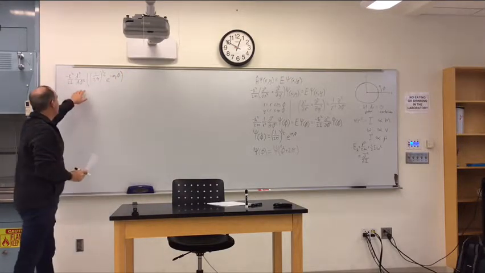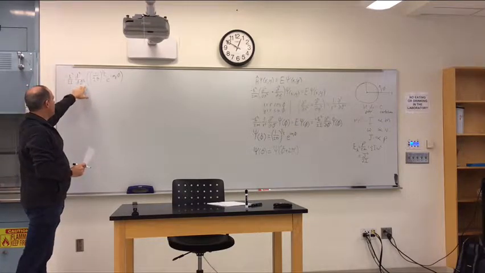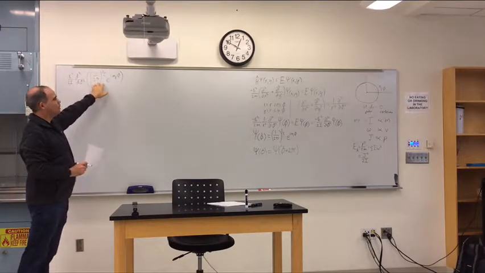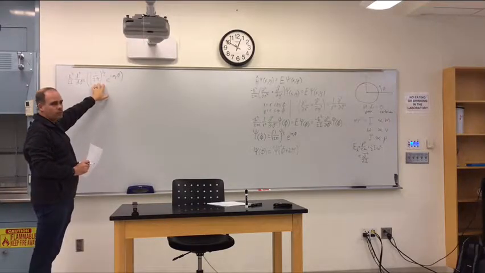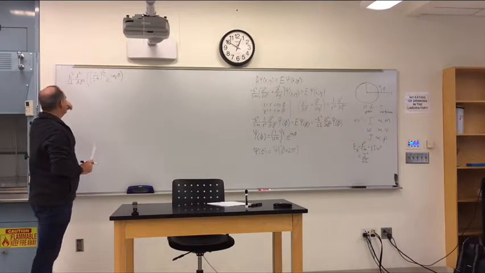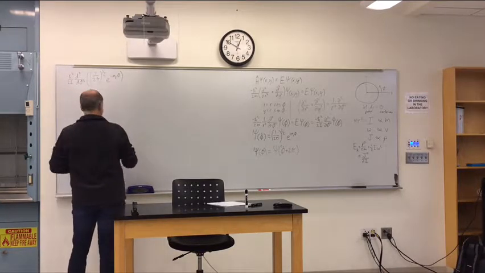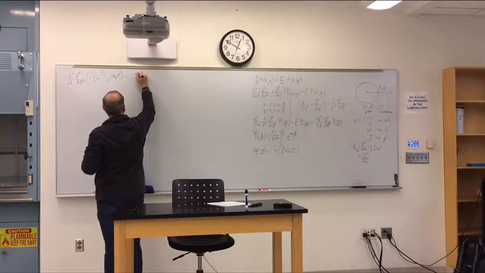Okay, so if we're taking the derivative of this with respect to phi, then this part here is a constant. The square root of 1 over 2 pi is a constant, so it comes out. Taking the first derivative, we would have minus h bar squared.